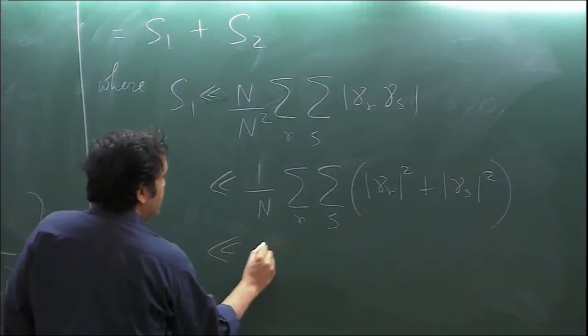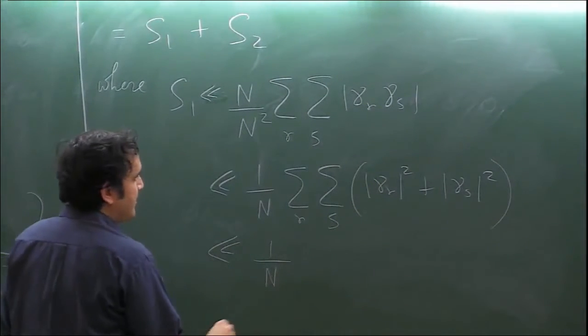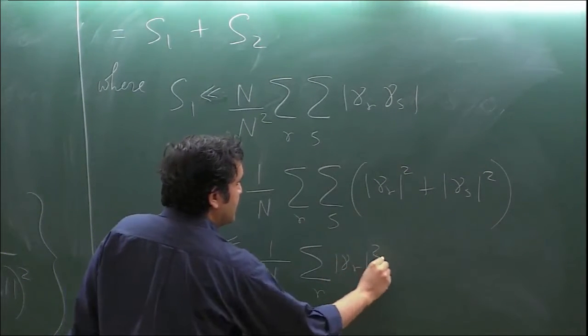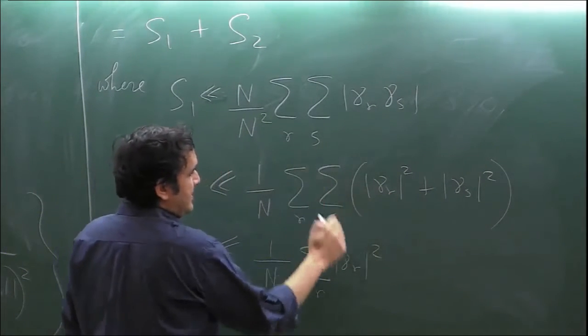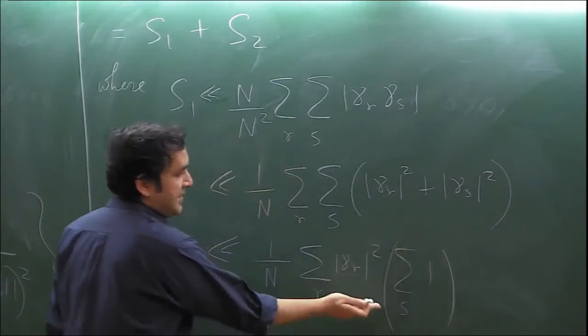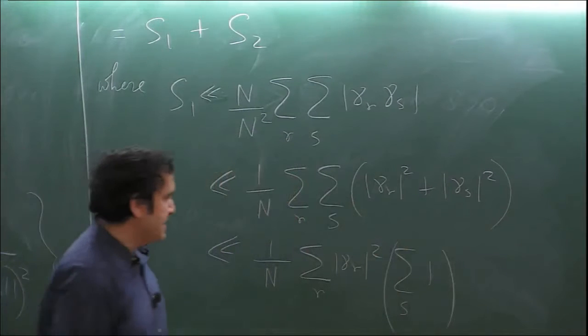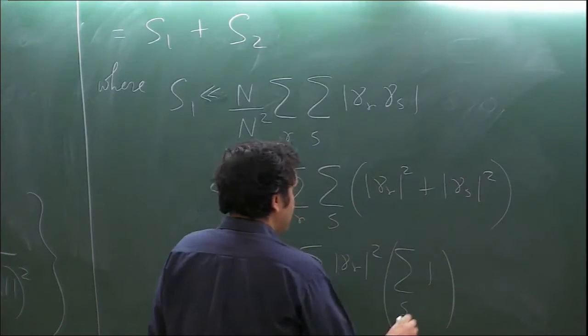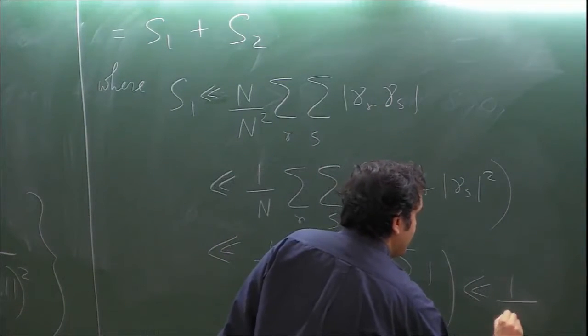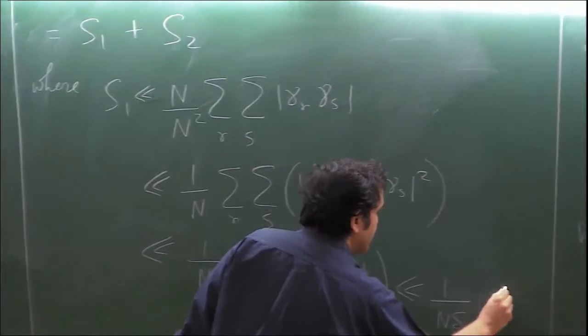So this is bounded by 1 by n, sum over r, gamma r square. Then just the number of points s. The number of points s is 1 by delta. So this is 1 by n delta norm gamma square.